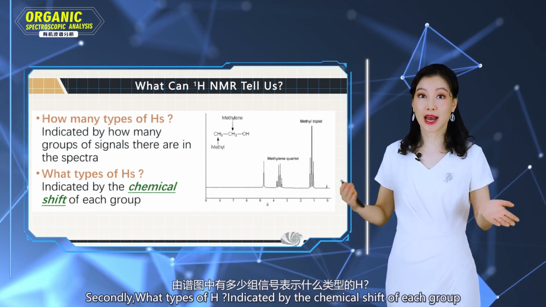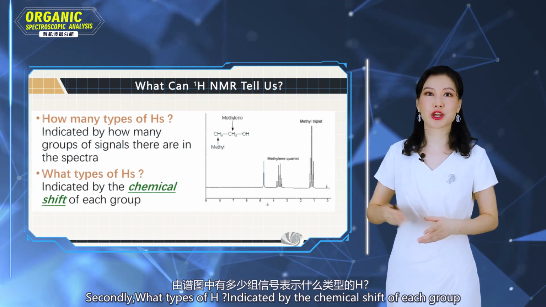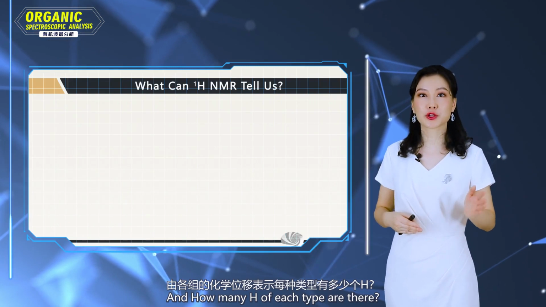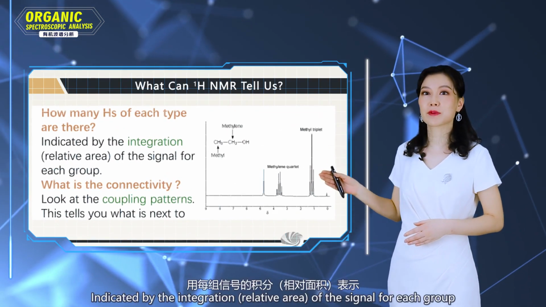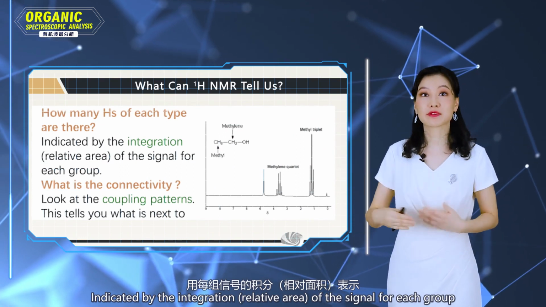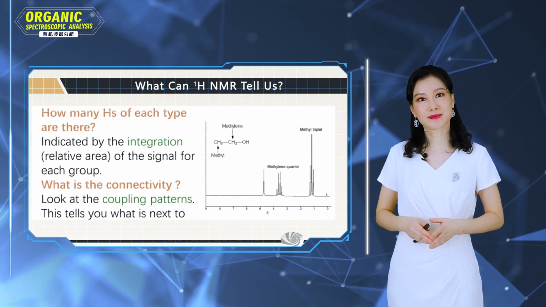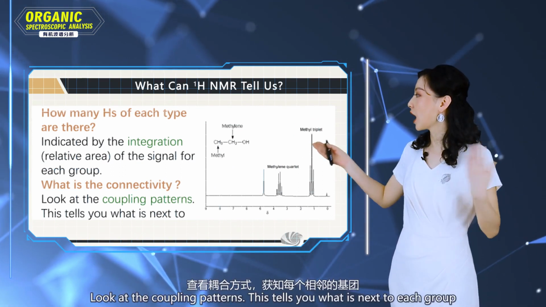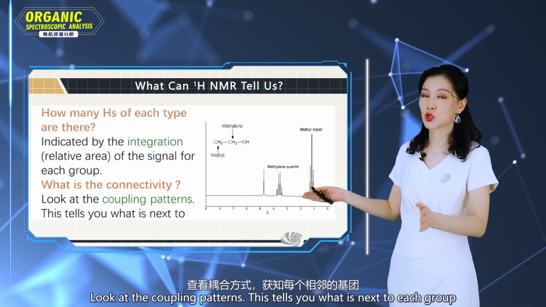Secondly, what type of hydrogens, indicated by the chemical shift of each group. And how many hydrogens of each type there are, indicated by the integration, the relative area of the signal for each group. What's the connectivity? Look at the coupling patterns. This tells you what's next to each group.